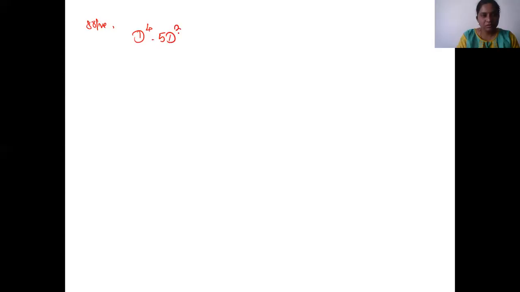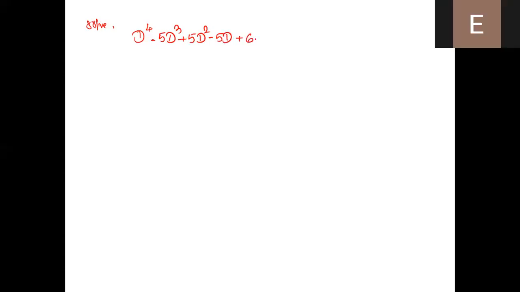Ma'am, second question. Can you just read the question again? Yes. What is the question? Please read it. D raised to 4 minus 5d cube plus 5d square minus 5d minus 6, complete, y is equal to 0.